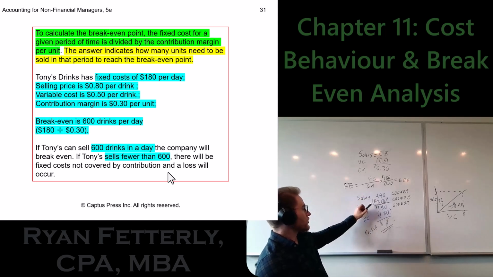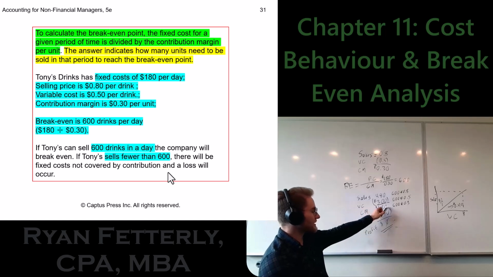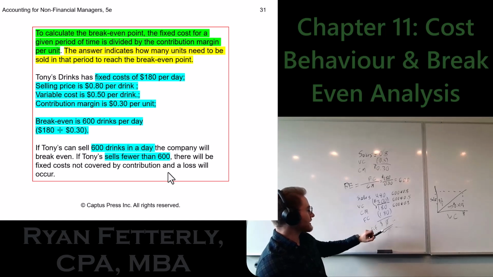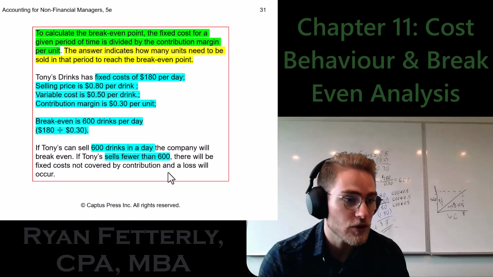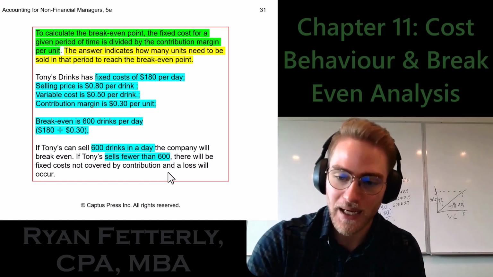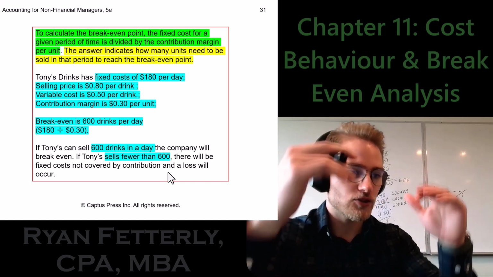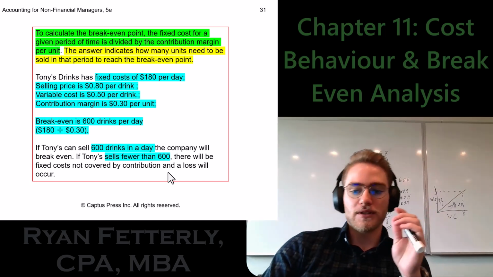His variable costs would go up by 50 cents, so he'd have $300.50 in variable costs. Therefore, he would have a contribution margin of $180.30 because of the additional sale. His fixed costs would remain exactly the same, and at 601 units of sale, he would have a profit of 30 cents, right? Because now the contribution margin has basically paid off the fixed costs, and now it contributes to the bottom line because it starts to increase our profit.